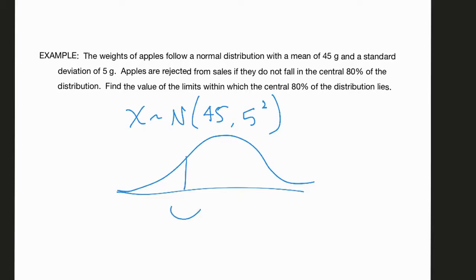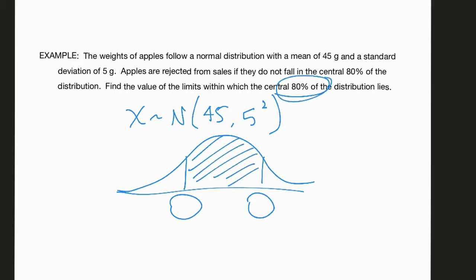So you're finding these numbers down here. We want the central 80%. So we want this shaded area to be 0.8. And again, if you do this in your calculator, you should get a value down here of 38.6, and this value should be 51.4.